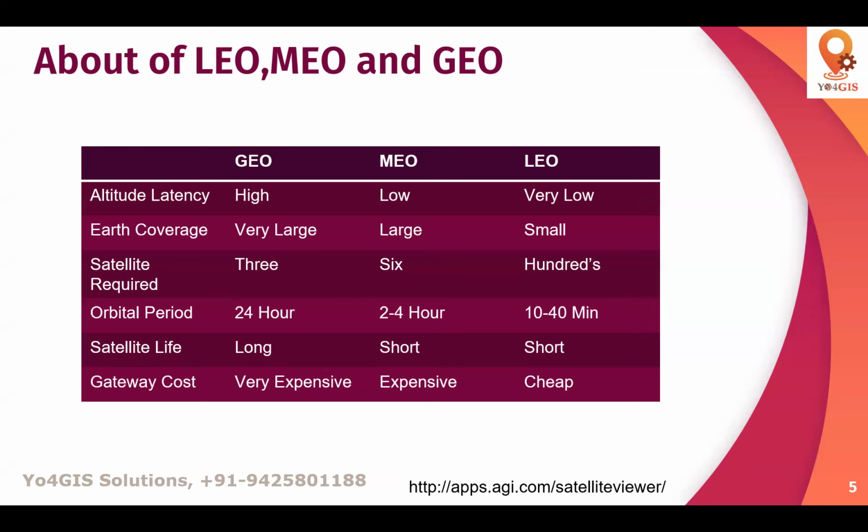So definitely, whatever the satellite's altitude is, if it is very high, this satellite will take more time for one revolution. Here, whenever we are talking about the orbit period, the orbit period of GEO is 24 hours, of MEO is 2 to 4 hours, and of LEO is 10 to 40 minutes.